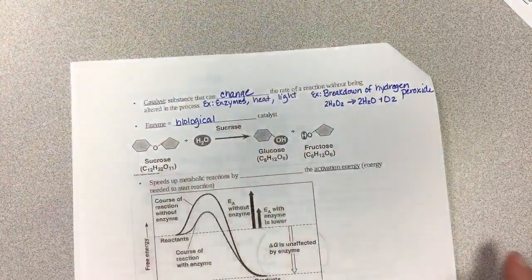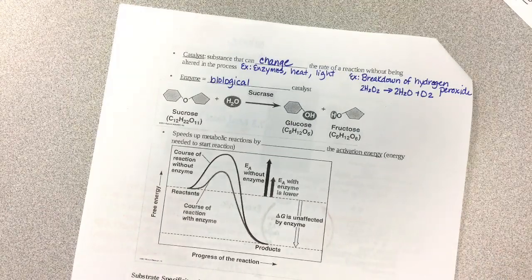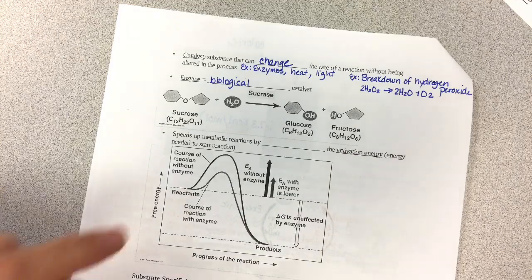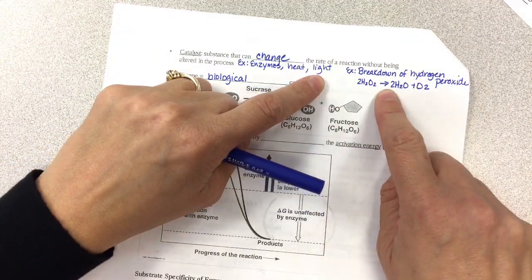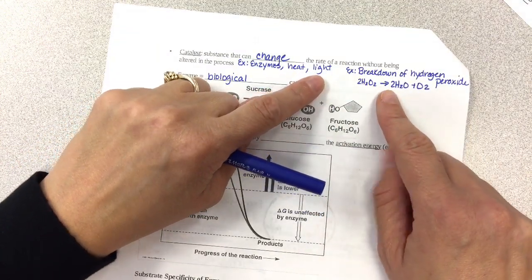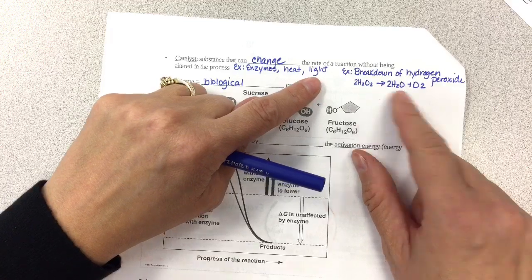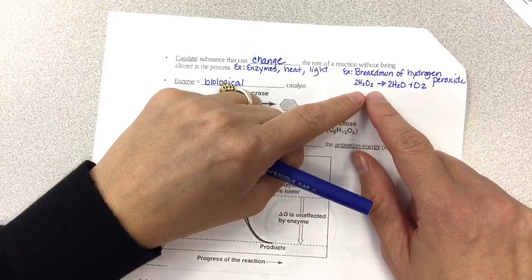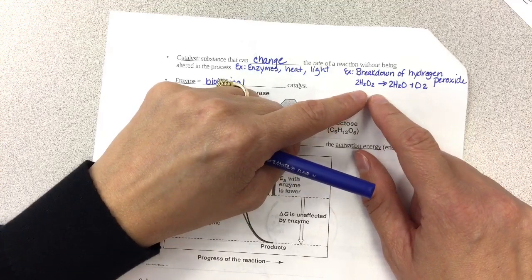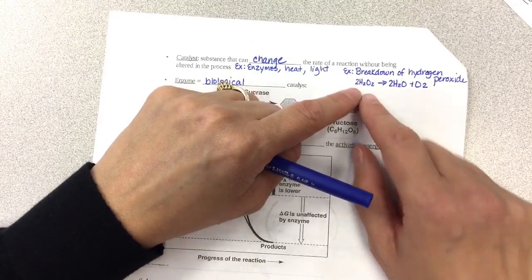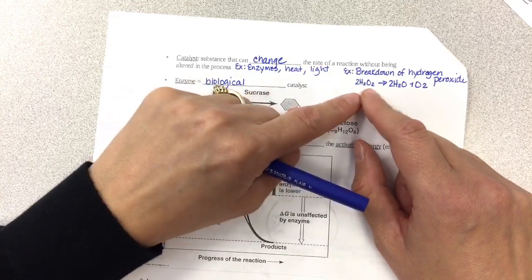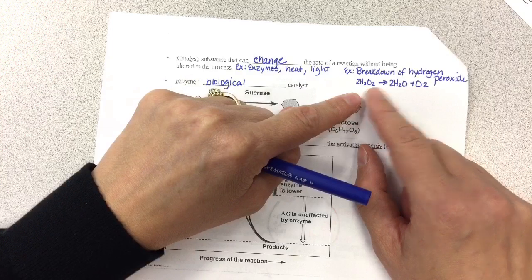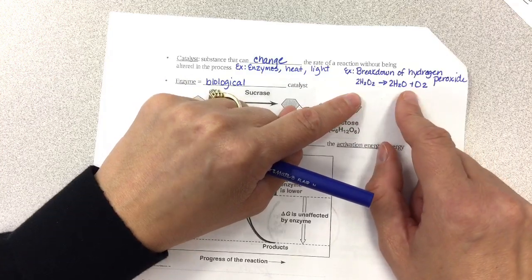Think about your hydrogen peroxide bottle. It's in a brown bottle. That's because light can act as a catalyst for this reaction, so the brown bottle stops light from getting in and breaking down the hydrogen peroxide. When we buy hydrogen peroxide, we want it to be hydrogen peroxide, not water. Also, if you read the bottle, it says to store in a cool place, because heat can be a catalyst for this breakdown.